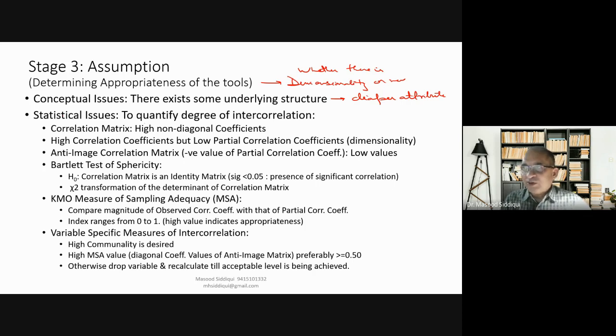So here we try to quantify the degree of intercorrelation that we have just discussed. So how can this degree of intercorrelation be justified? Obviously, as I have discussed, it is based upon the correlation analysis, meaning there should be high correlation among variables. Okay, so I am sharing the output.